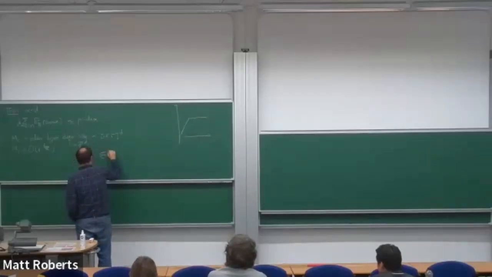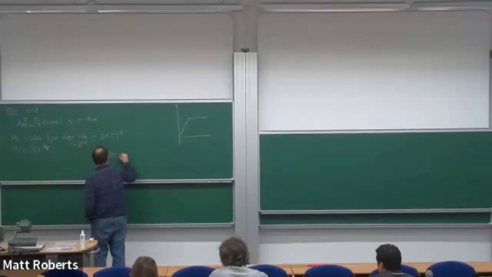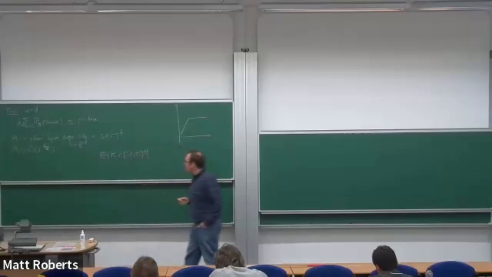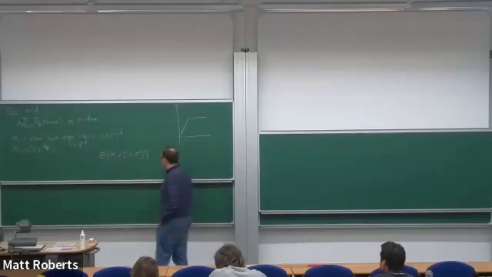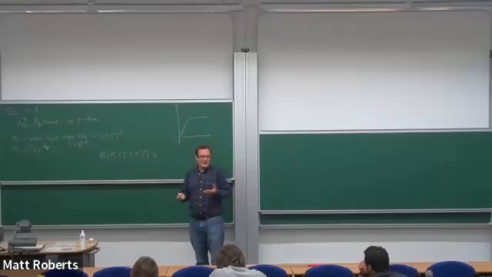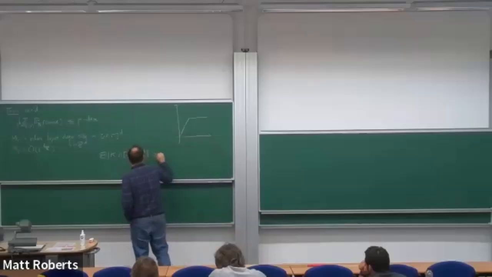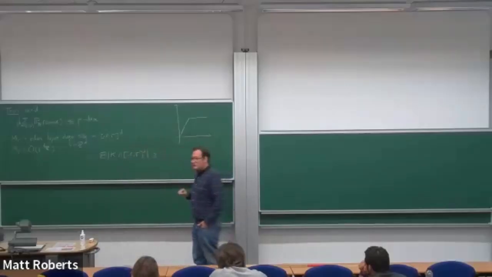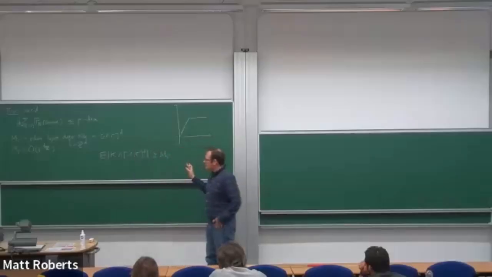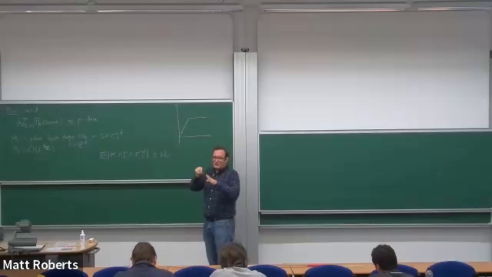If I look at the expected size of the restriction of the cluster at the origin to the box, well, it's at least the contribution I get from the event that the origin is in the largest cluster. So up to some constants, there's a slight subtlety here because the origin is right in the middle of the box.